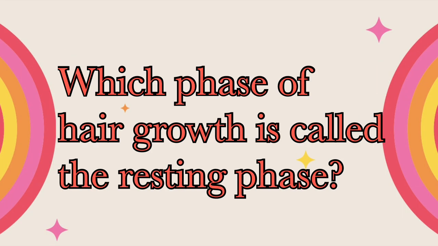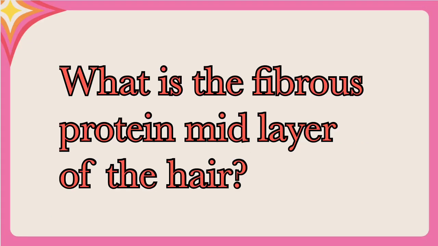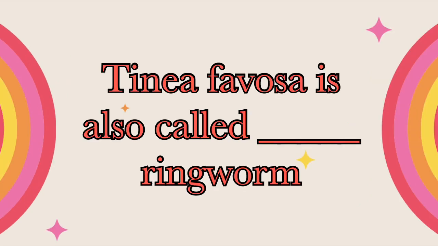Which phase of hair growth is called the resting phase? The telogen phase. What is the fibrous protein mid-layer of the hair? Cortex. Tinea favosa is also called blank ringworm.